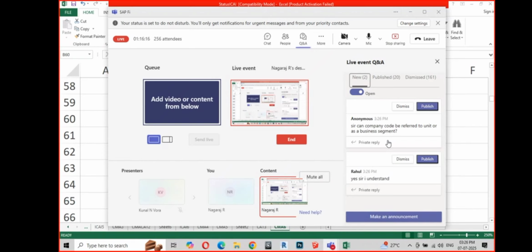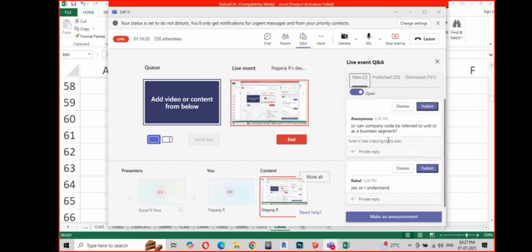I didn't understand this question. Can you please clarify whether the company code can be referred to as a unit or as a business segment? See here, the segment has a different meaning in SAP. All right, so please clarify your question.